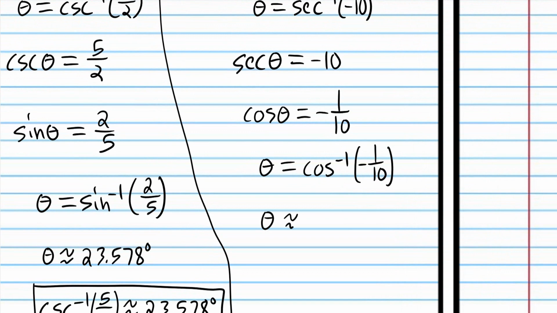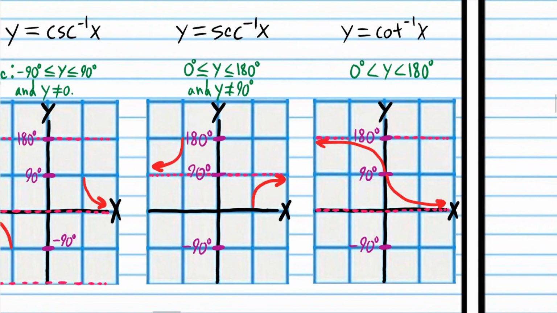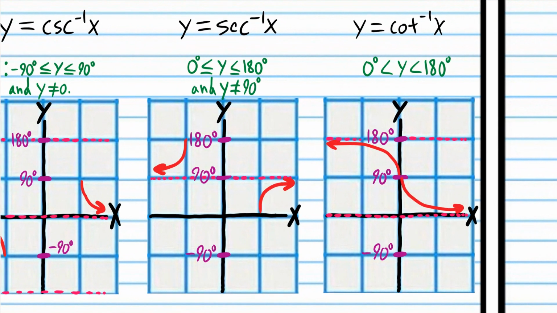So theta is approximately equal to 95.739 degrees. And if you look at the range restriction for the secant inverse function, you see the range is between 0 and 180 degrees. So our number 95 is within that range.